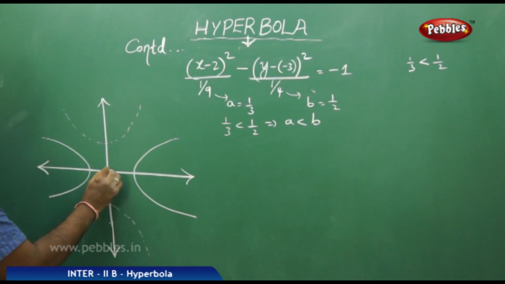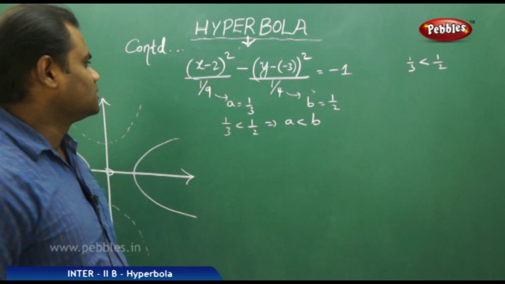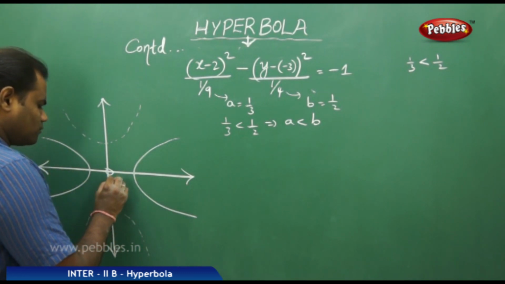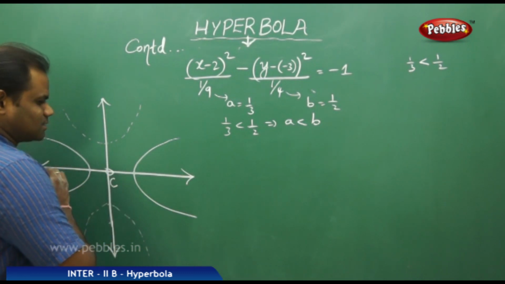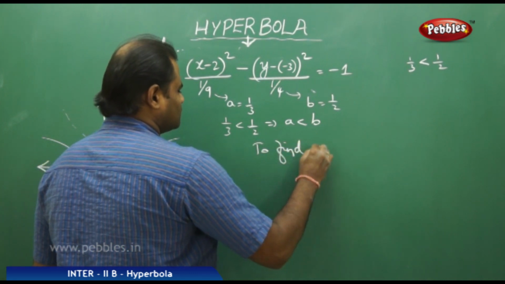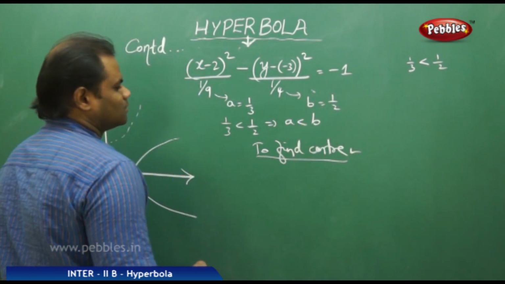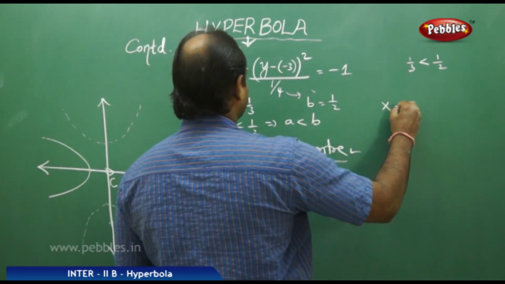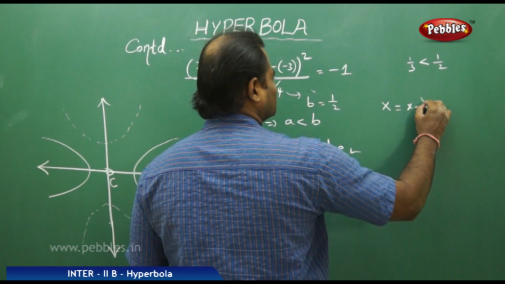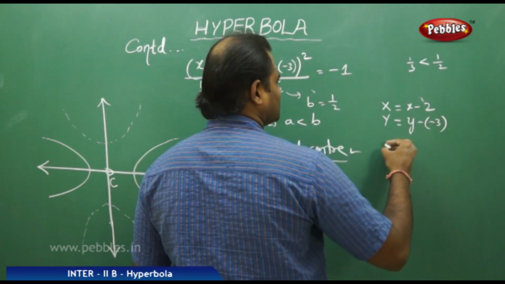Okay. Now here I have each of these in the standard form, where if I want to find the center of this, then we have x as x minus 2 and y as y minus of minus 3.